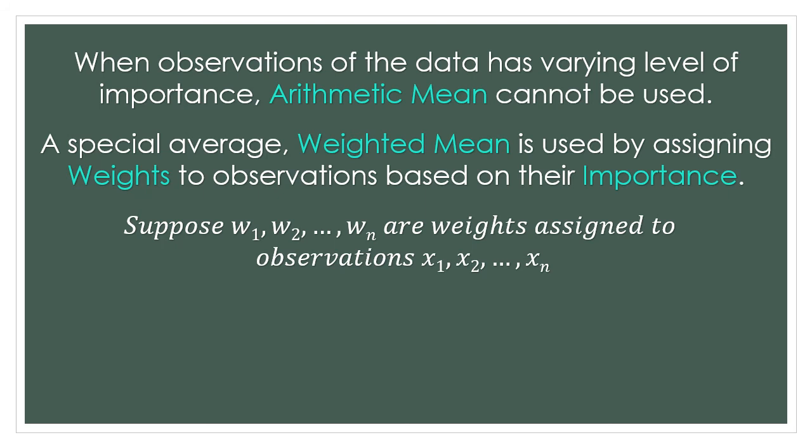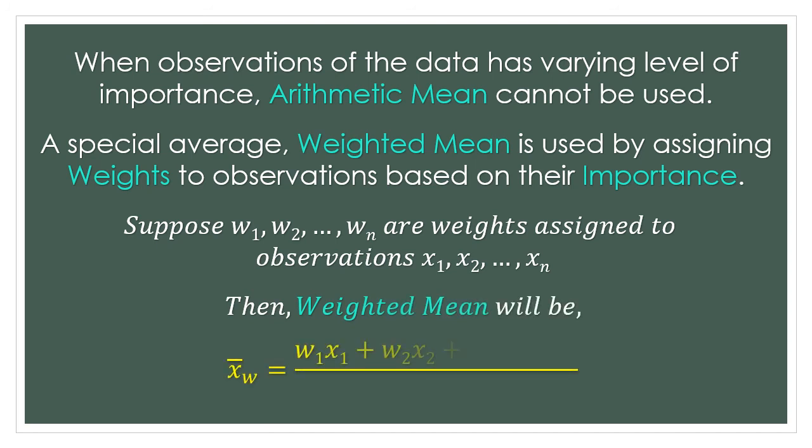So just like in combined mean we apply the number of observations to averages, in this case we apply weights to each and every observation, and the weighted mean formula will be x bar w, w stands for weighted, equals w1 x1 plus w2 x2 plus dot dot dot plus wn xn divided by w1 plus w2 plus dot dot dot plus wn.